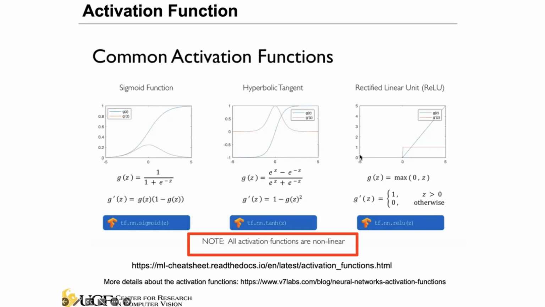It's very simple: the activation function g(z) is max(0, z). So if the input is less than 0, then you output 0. If it's greater than 0, then you output that input value. If we plot it into a curve, for input smaller than 0 you basically have 0, and if greater, then you have this linear function.